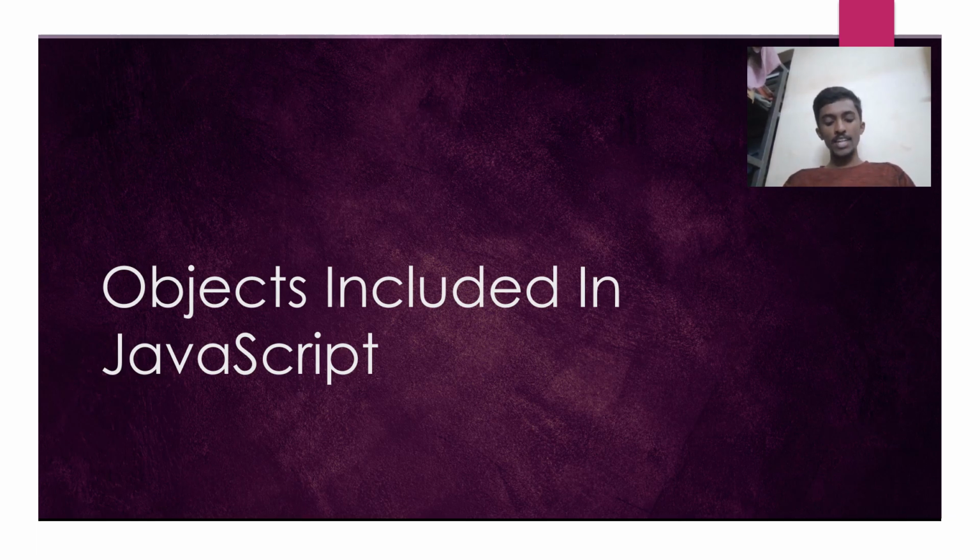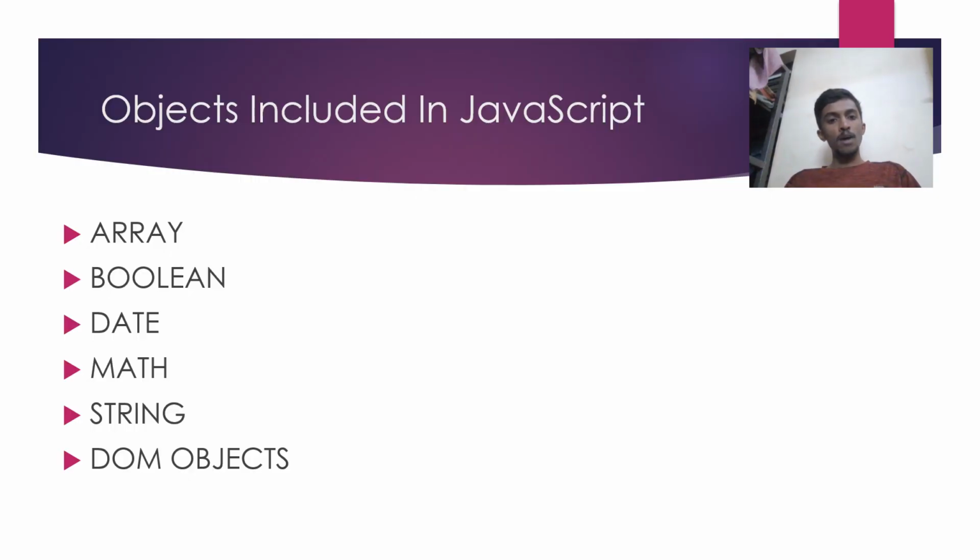In the same way, JavaScript objects can have properties which define their characteristics. The objects included in JavaScript are array, boolean, date, math, string, and DOM objects. These are the objects in JavaScript.